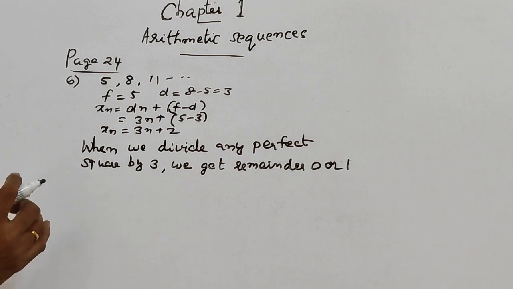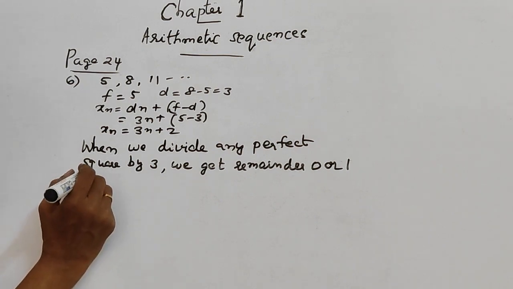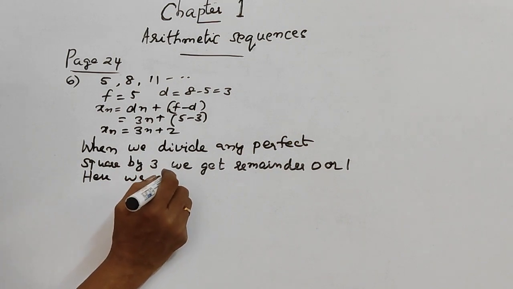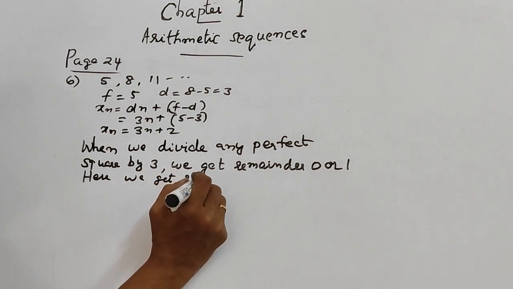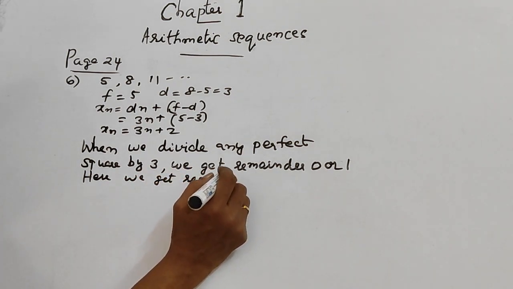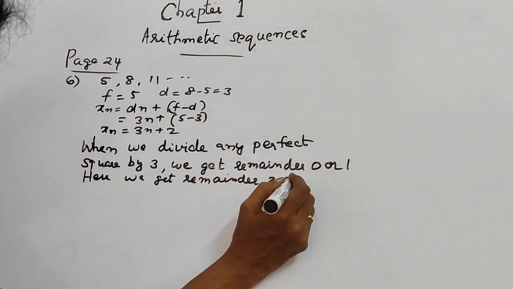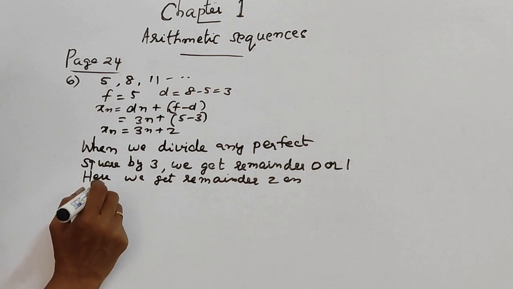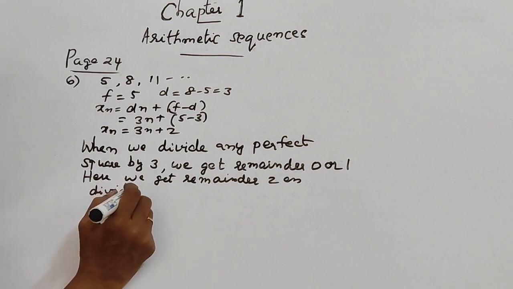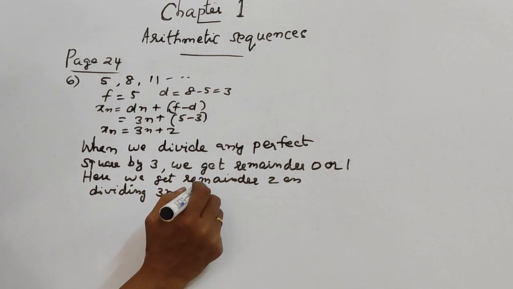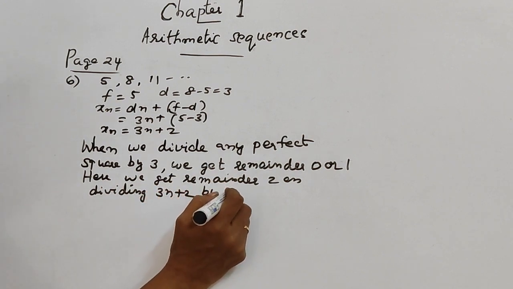Here we get remainder 2 on dividing 3n plus 2 by 3.